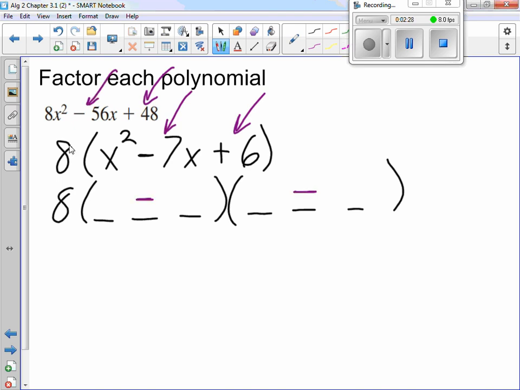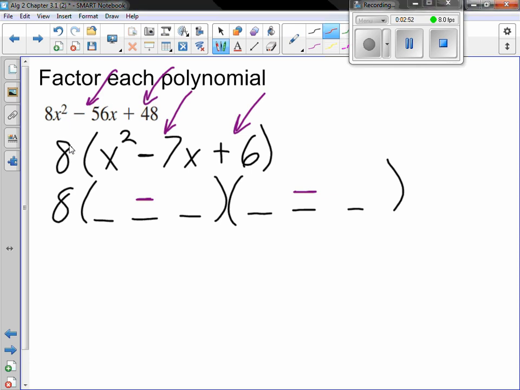So both of these would be negative. If the 6 were negative, then they would be opposite. And we'll look at one of those next. We might have to skip a few, but we'll look at a negative one here in a minute.